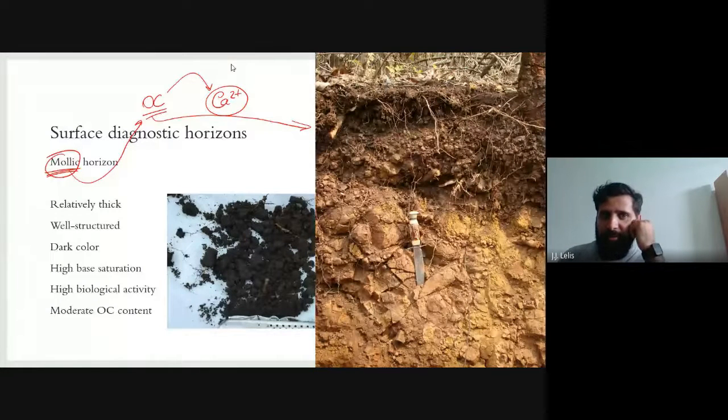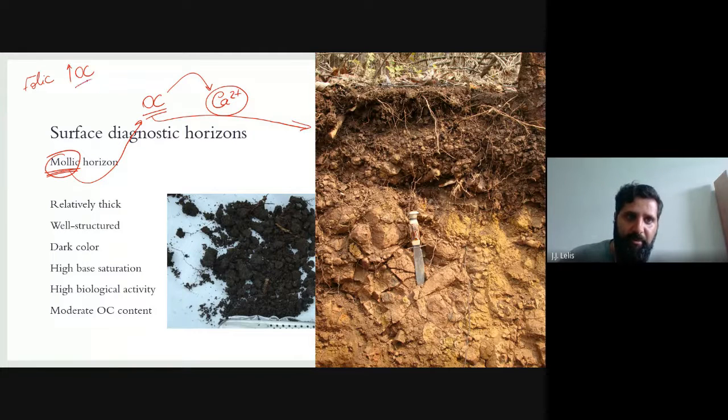Okay, so the organic carbon content here is quite different from the folic and histic horizons, because in the folic horizon, we have a high organic carbon content that's related to dry conditions or cool conditions. And in the histic, we present a high content of organic carbon, but in this case, the organic carbon is related to water.